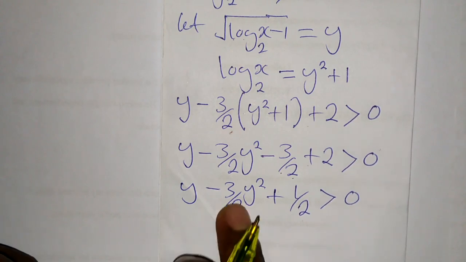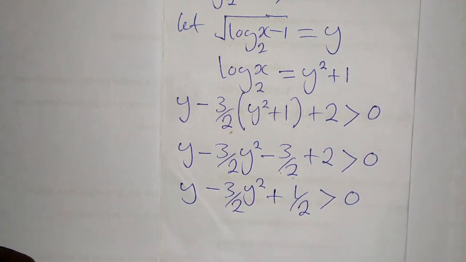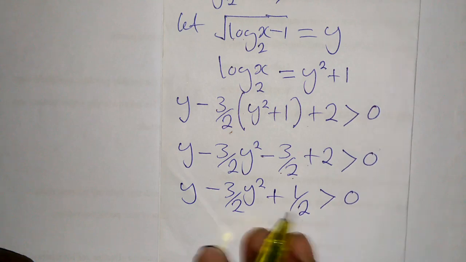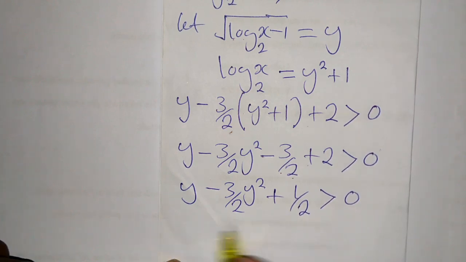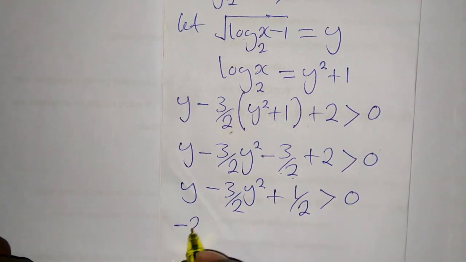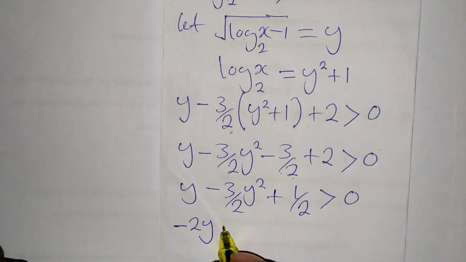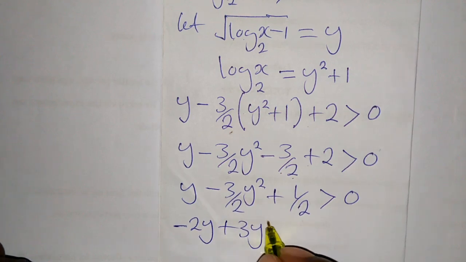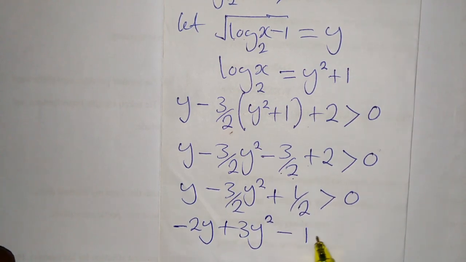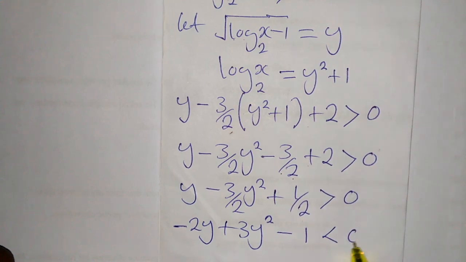We can multiply both sides of the equation by minus 2 to make it linear. If we multiply both sides of this equation by minus 2, we are going to have minus 2y plus 3y squared minus 1 less than 0.